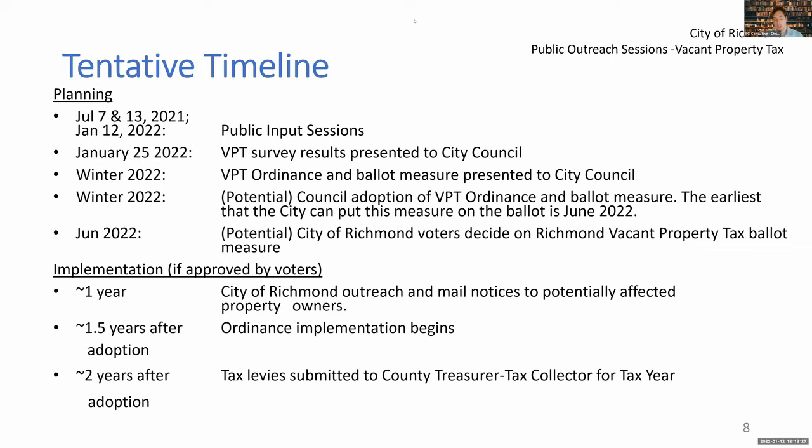For a June tax election in the city, the tax ordinance would need to be set in March, and the earliest that the VPT could go on the ballot would be the June 22 election. The actual implementation of the tax would occur later.